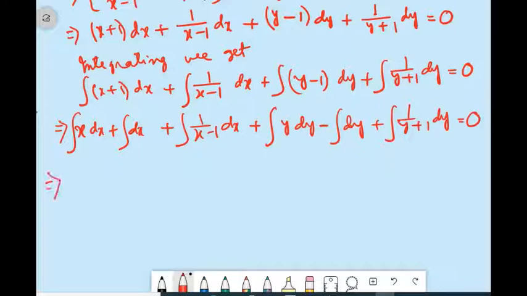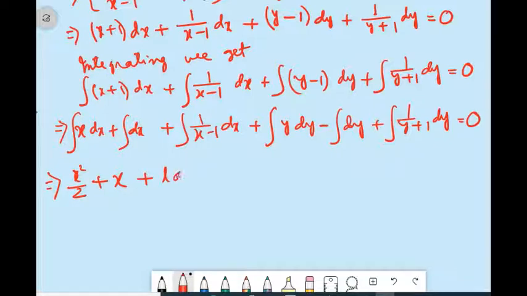Now is it easily integrable? So integration of x dx is x² by 2 plus integration of dx is x plus integration of 1 by (x − 1) is log of (x − 1), because if we differentiate x − 1 it will become 1.